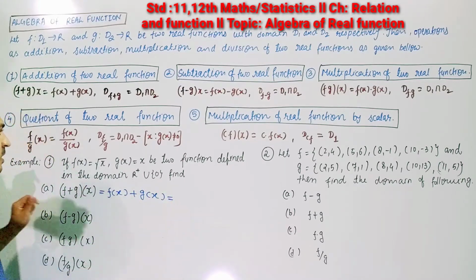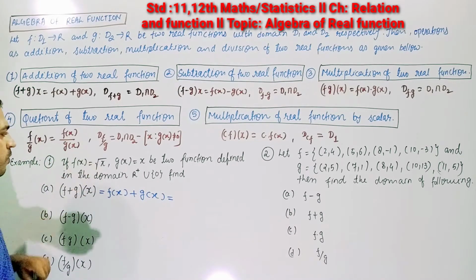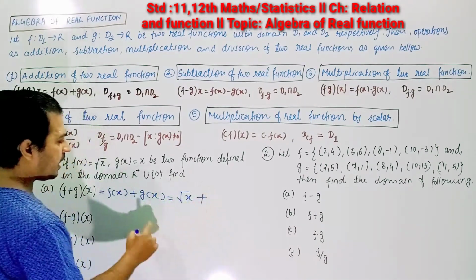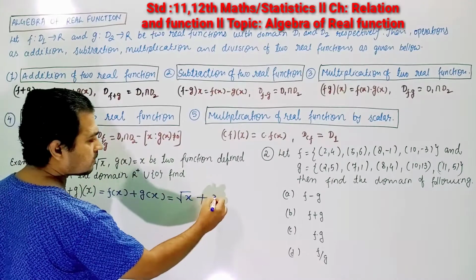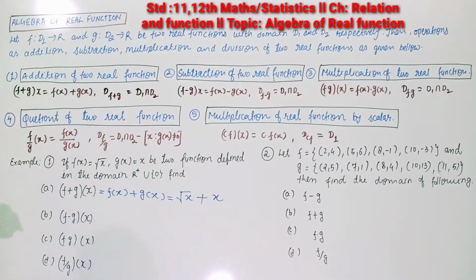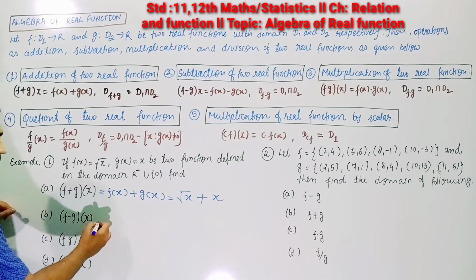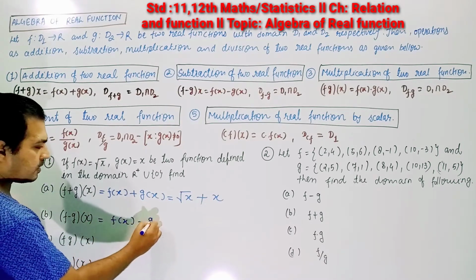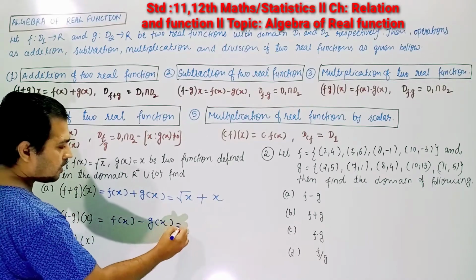Now students, here you can see what is the value of f of x. The value of f of x is root x and the value of g of x is x. Similarly, f minus g of x, we have to do the operation of two functions f minus g. So we can write f of x minus g of x.